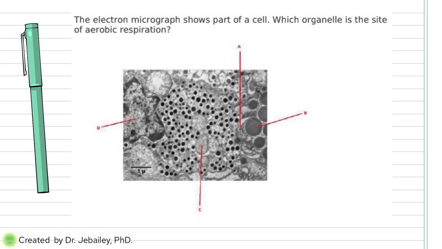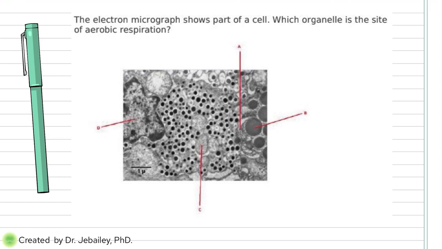When I talk about repetition, it means don't just look once or twice at micrographs of plant and animal cells, or even bacteria. Go and analyze as many as you can. See as many pictures, because the more you see, the more you start to be able to identify all the things there.